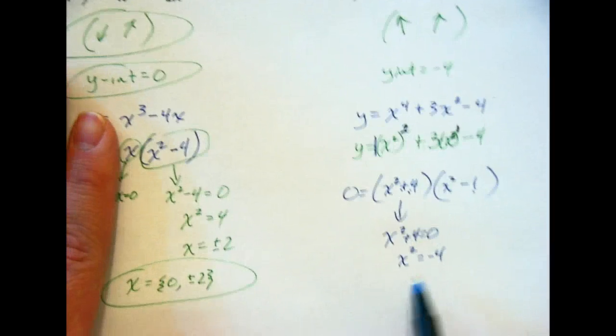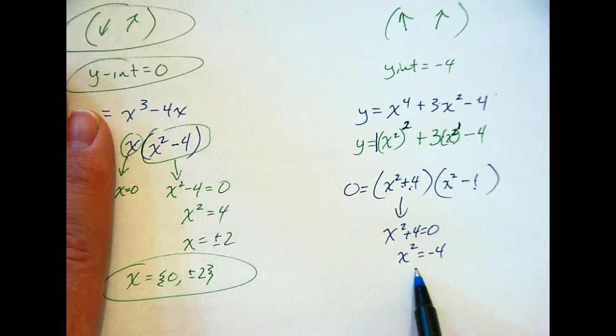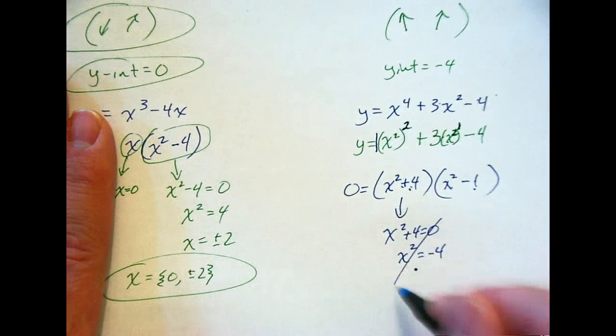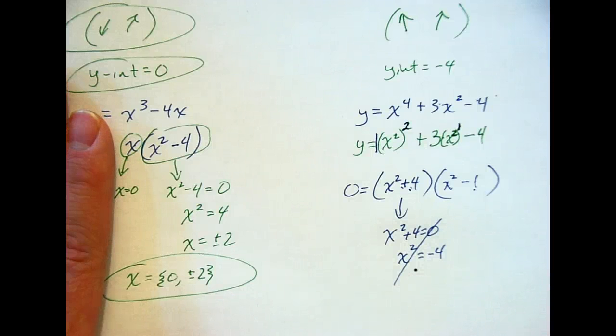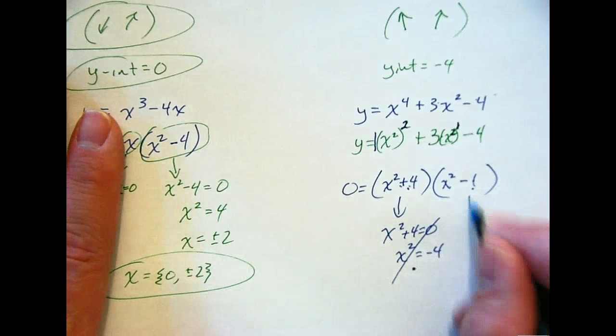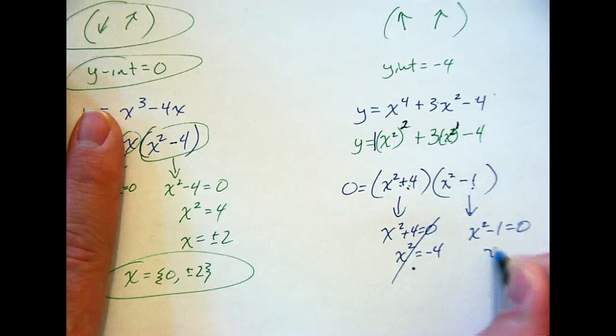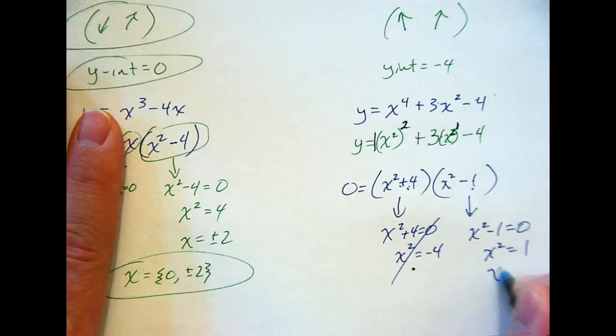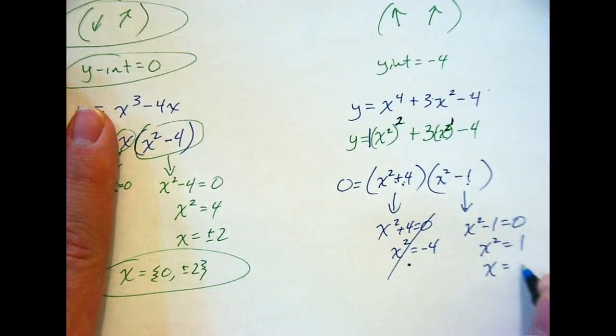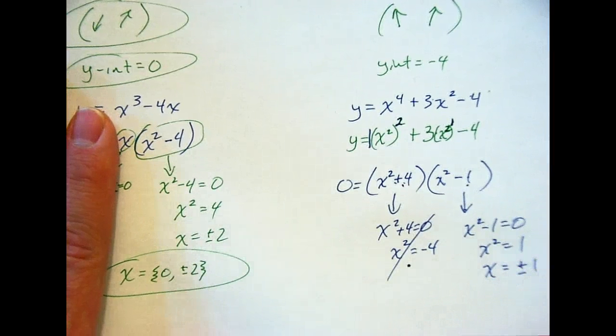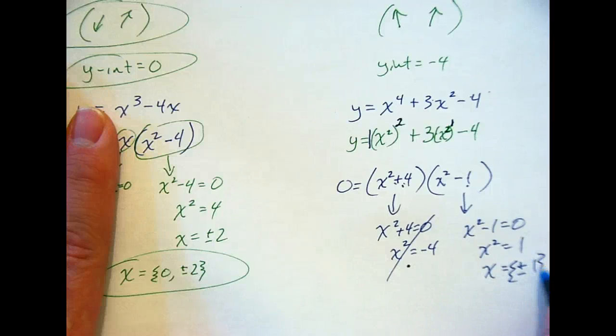Am I going to get real answers here? No. Those are going to be imaginary, so I'm done. Those won't cross the x-axis. This right here, x squared minus 1 equals 0. X squared equals 1. X equals plus minus 1, right? You're imposing a root there.